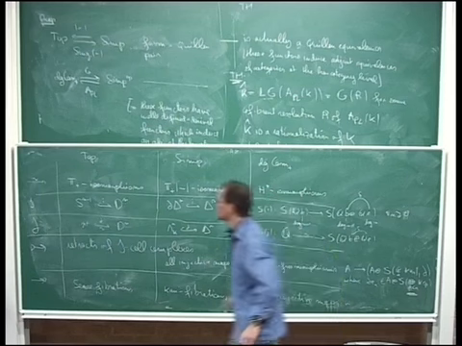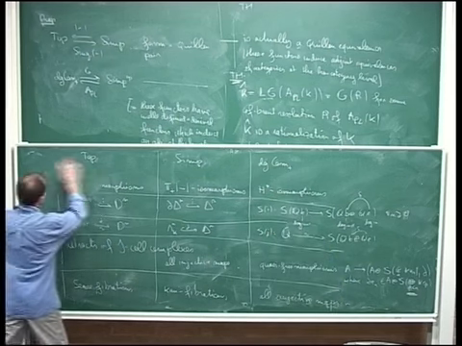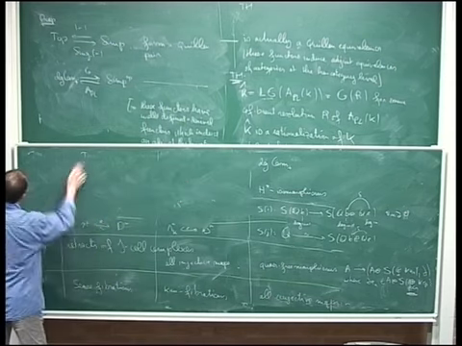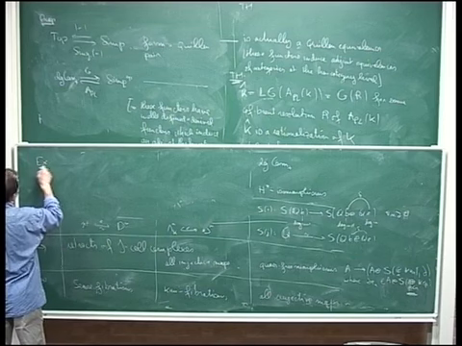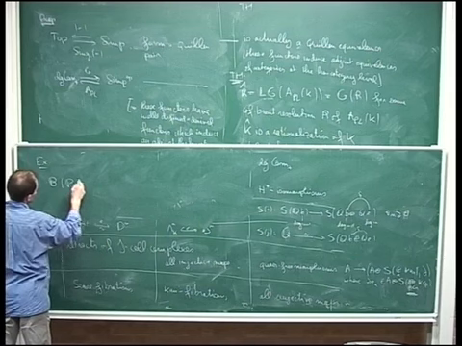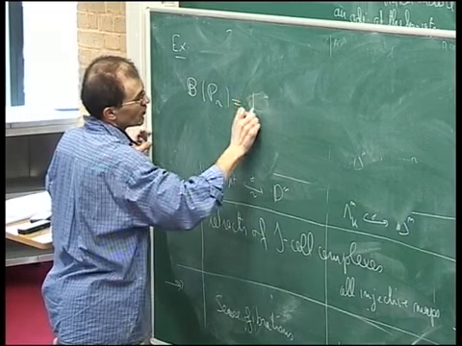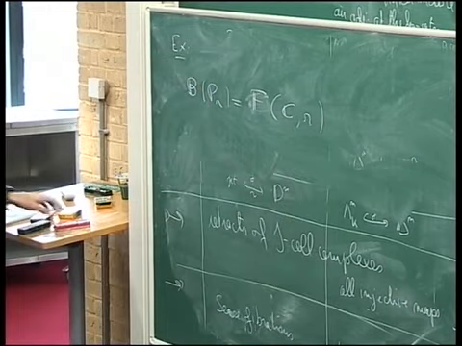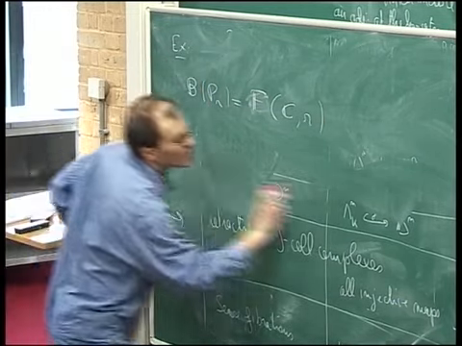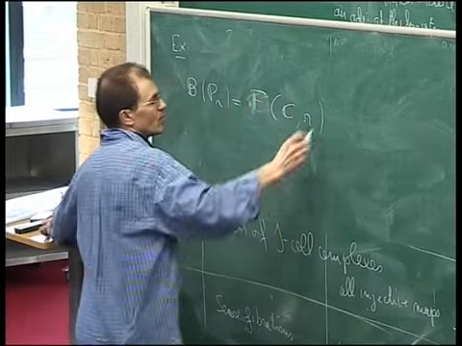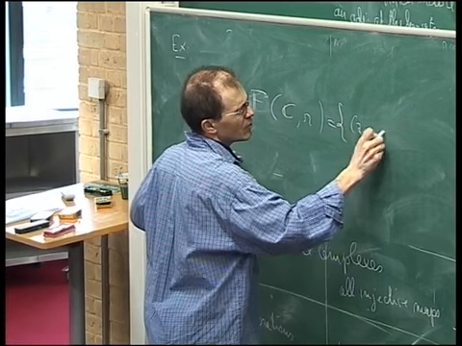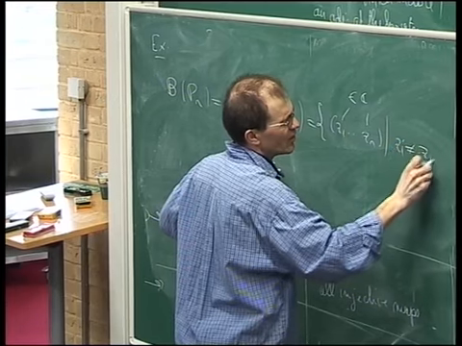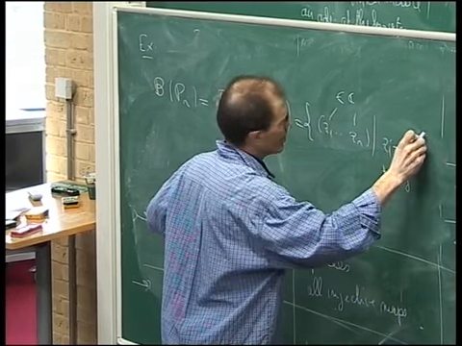So if I start with this example, I take the classifying space of a pure braid group, which is the space of configurations of points in the Euclidean plane, C. So it's a set of points c_i, c_j with i different from j.